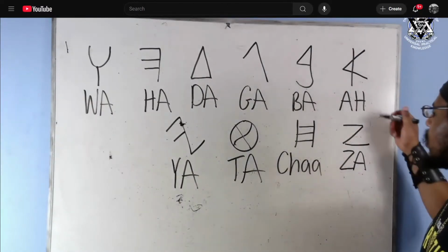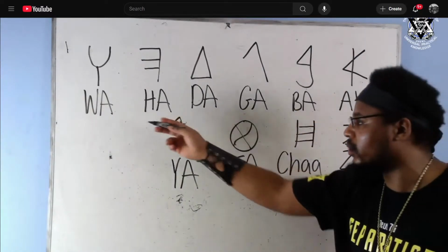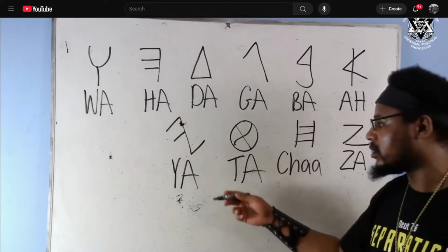These are characters so far: Ba, Ga, Da, Ha, Wa, Za, Ha, Ta, Ya.